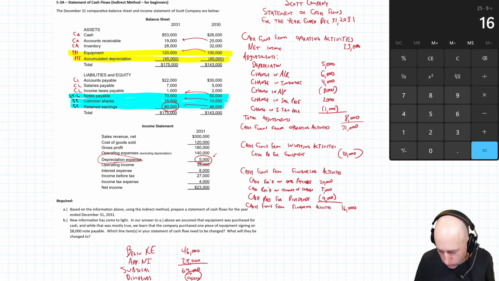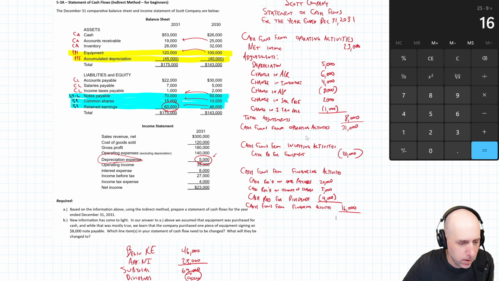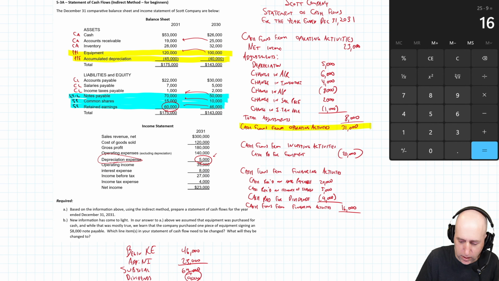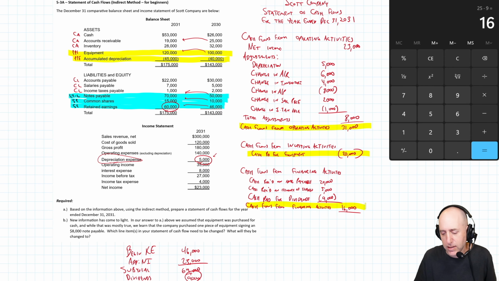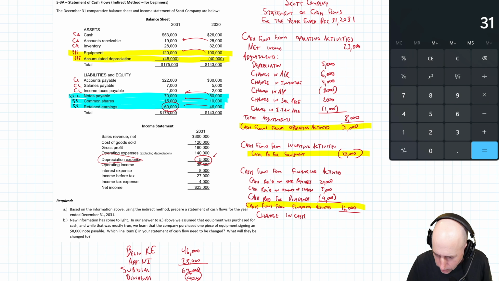Essentially, we've just got one step left to do, and that's to make sure it worked. So I did the math, and based on my operating activities, $31,000 came in, buying equipment, $20,000 went out, and financing activities generated $16,000 in cash. Overall, what's my change in cash? $31,000 minus 20 plus 16.